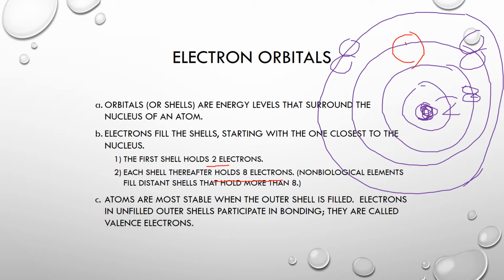That's the big key feature, okay? It can't hold any more than 8 afterwards. All right, so atoms are going to be the most stable when their outer shell is filled. Electrons in an unfilled shell participate in a lot of bonding, and these are called our valence electrons.